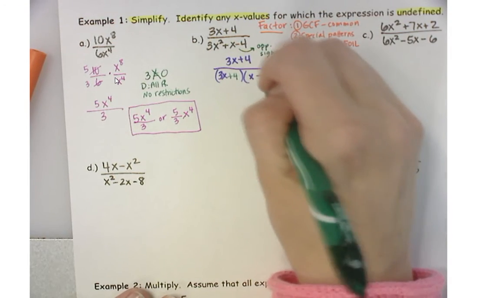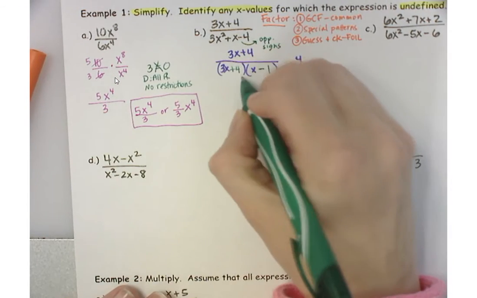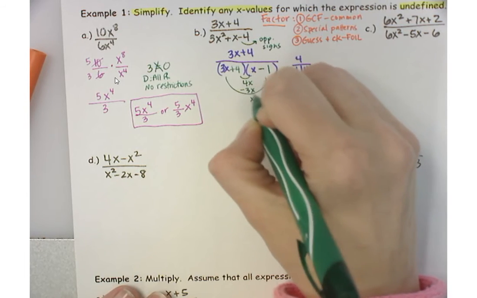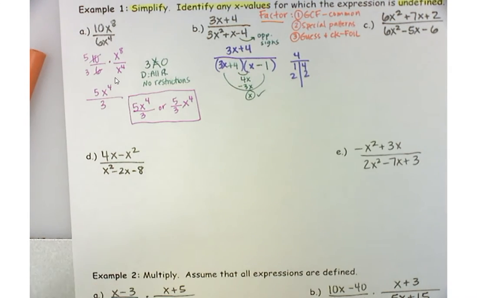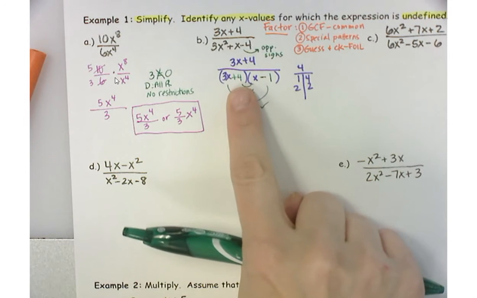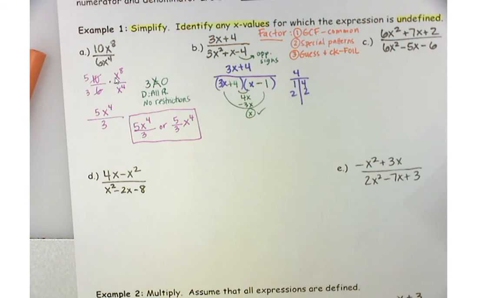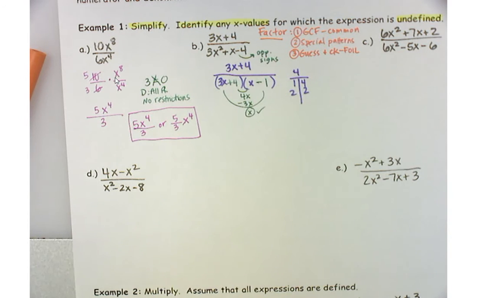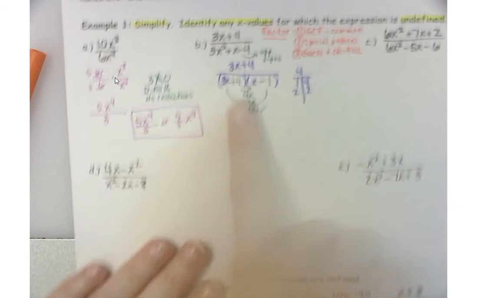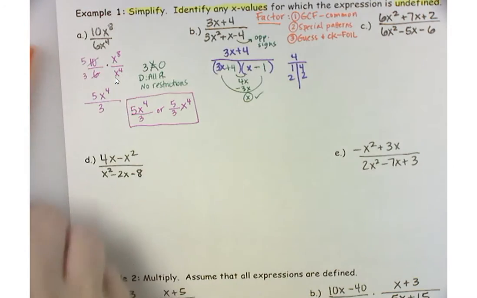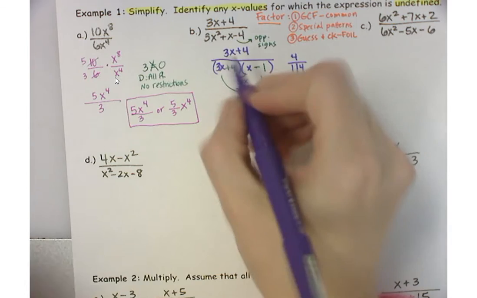Another clue that you might want to try the 3x plus 4 is notice that you have the 3x plus 4 on top, right? Now, when you have common factors, you can cancel them out. So, remember that the division bar does separate these terms. This is a factor. You have to do this before you can do anything else.